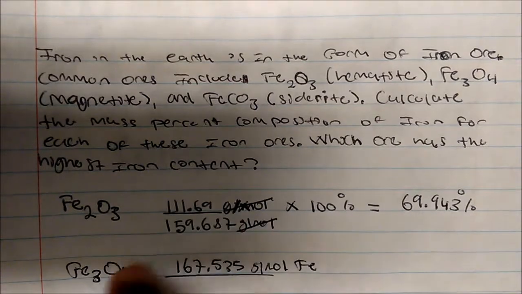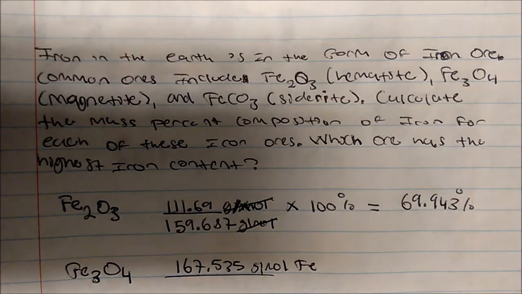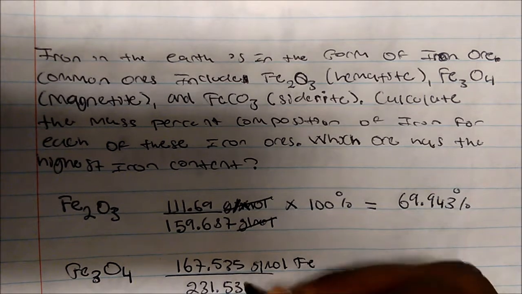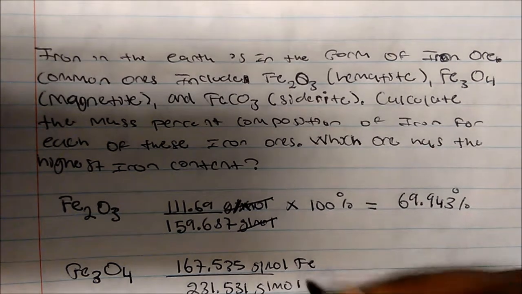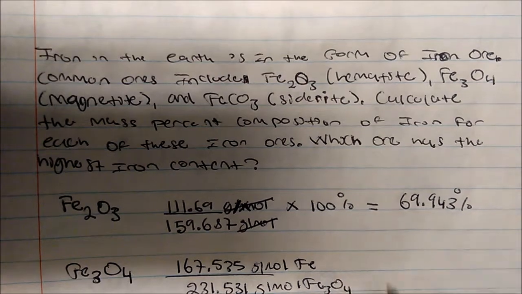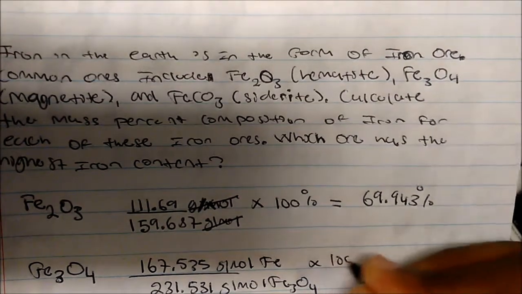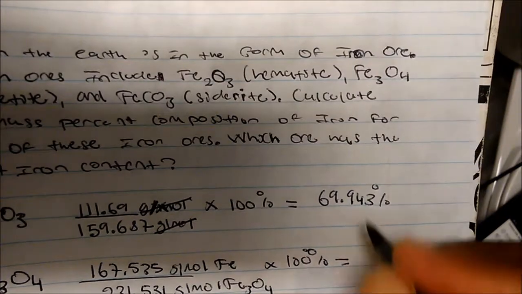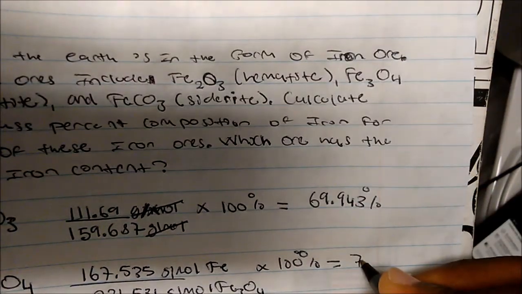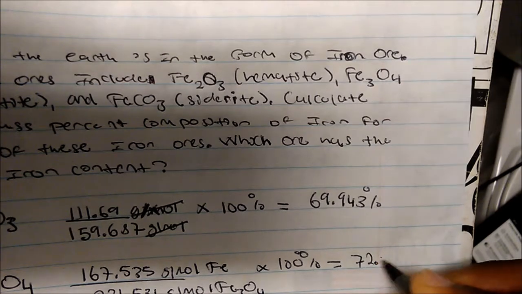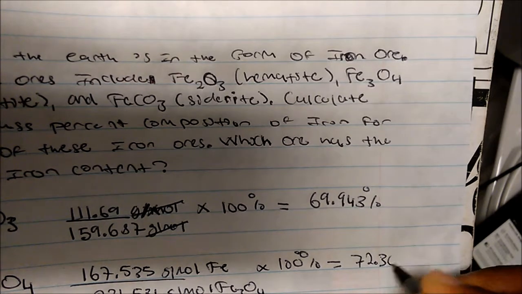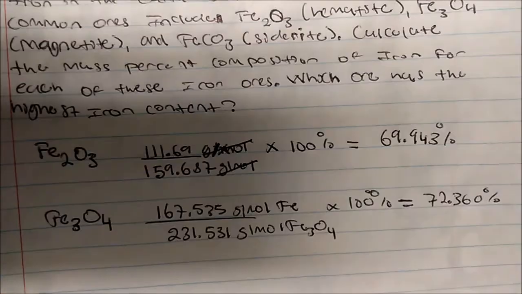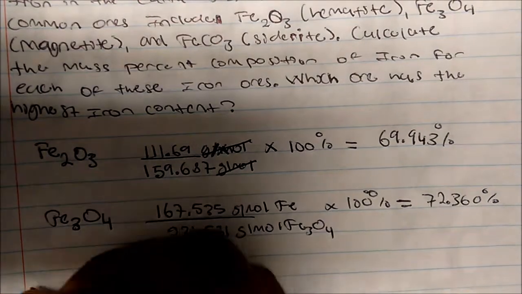If I do 4 times 16 plus 3 times 55.845, I should get 231.531 grams per mole of Fe3O4. I simply multiply this ratio by 100%, and when I divide these two and multiply by 100%, I get around 72.360%.